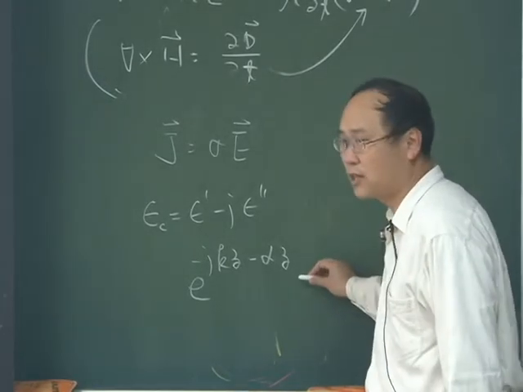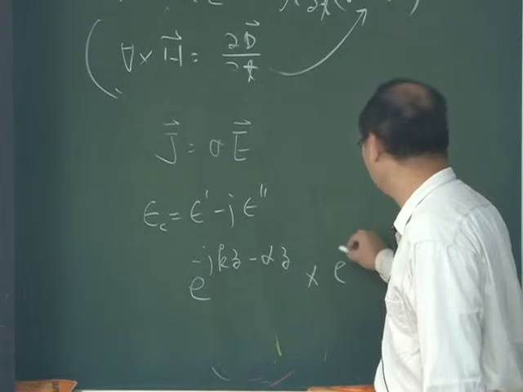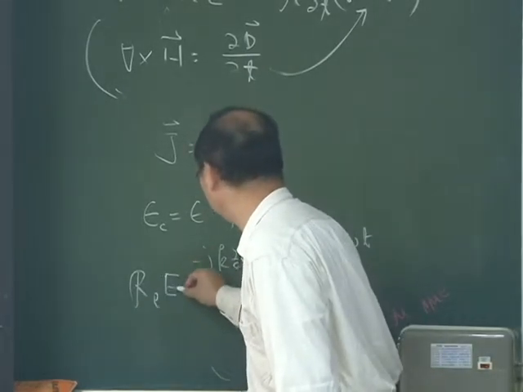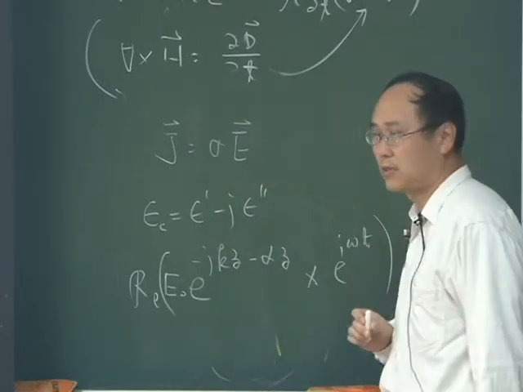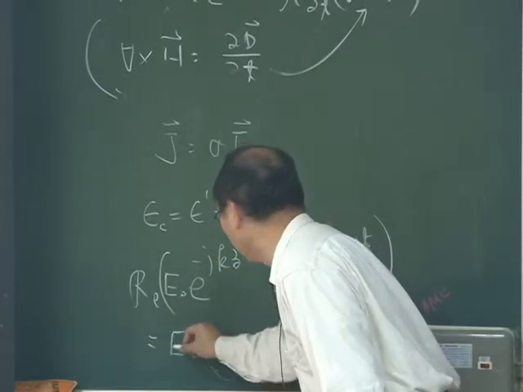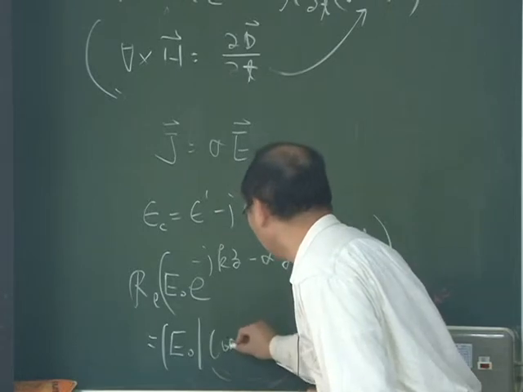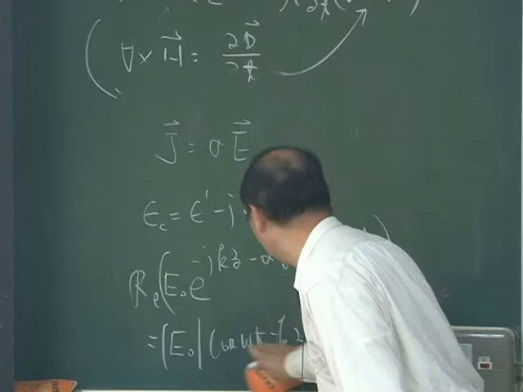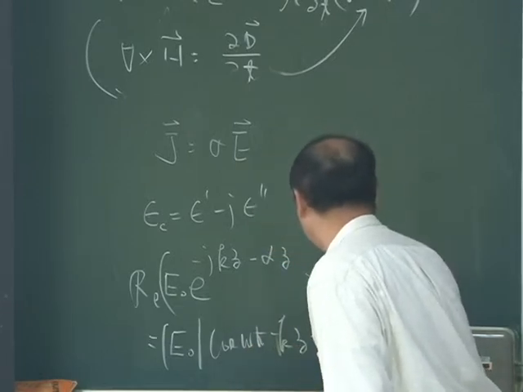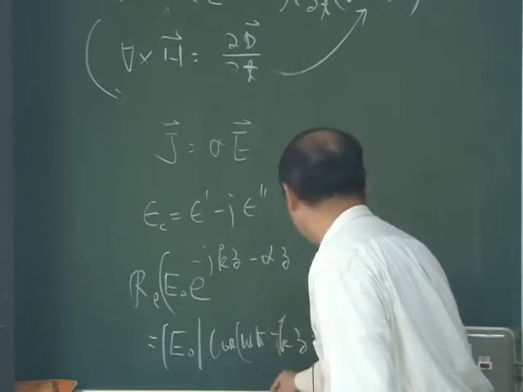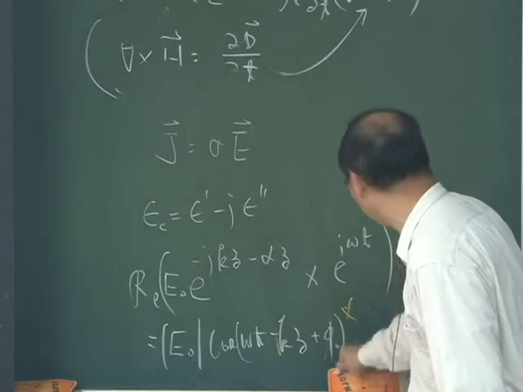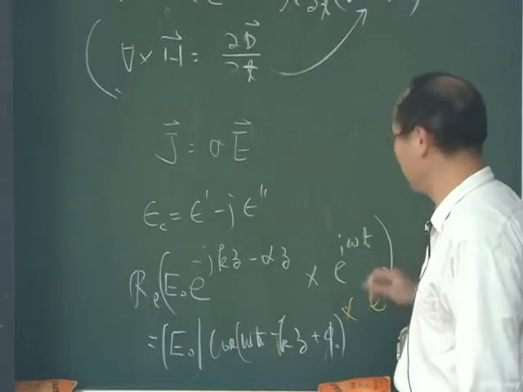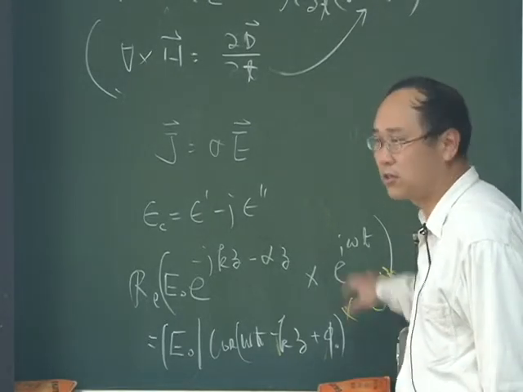And so this means that your field is going to have this form that gives you some sort of E naught cosine omega t minus kz plus some sort of initial phase. And then the whole thing multiplied with exponential minus alpha z. Right? You still remember this.